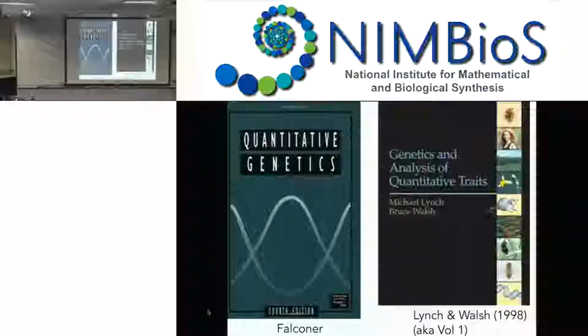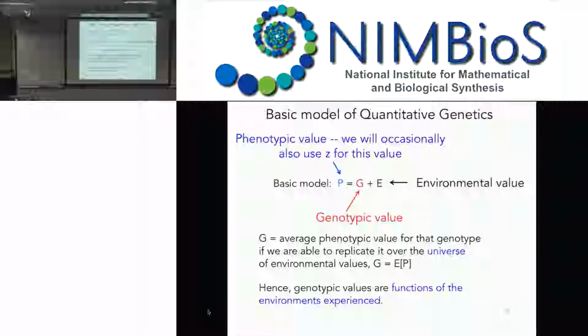It's about 400 pages. We're about 1,000 pages. If you want to know where all the bodies are buried, where all the problems come in, then you go to Lynch and Walsh. So if you want to get into quantitative genetics, Falconer is a good introduction. If you're going to use it extensively, read Falconer first, then have us around to look at information on here. Everything we'll talk about you can find in detail in both these books.